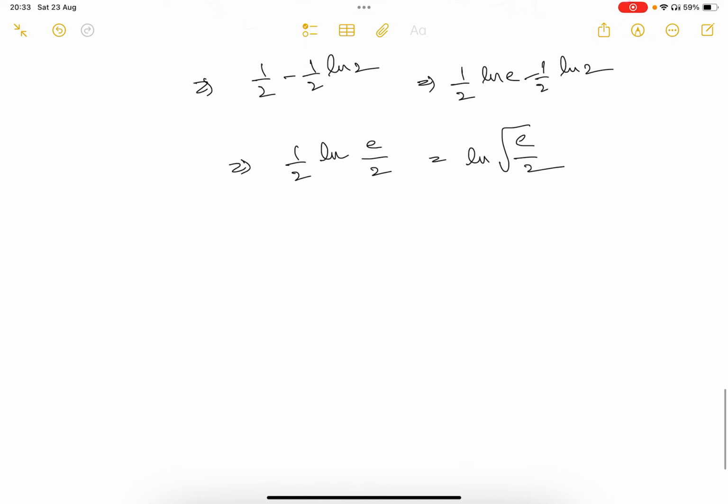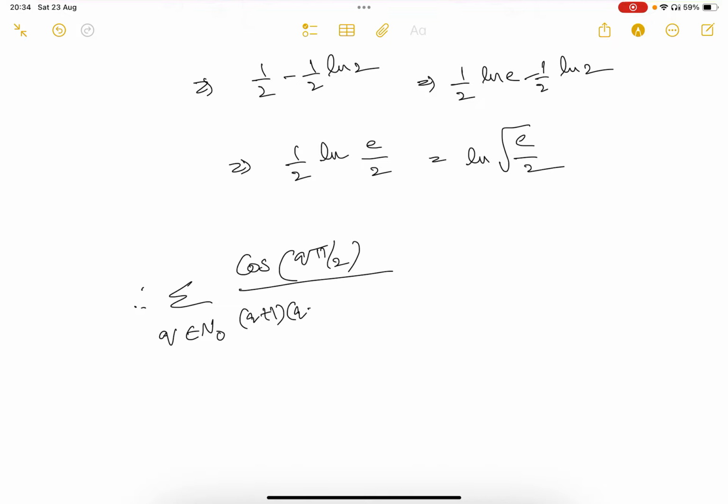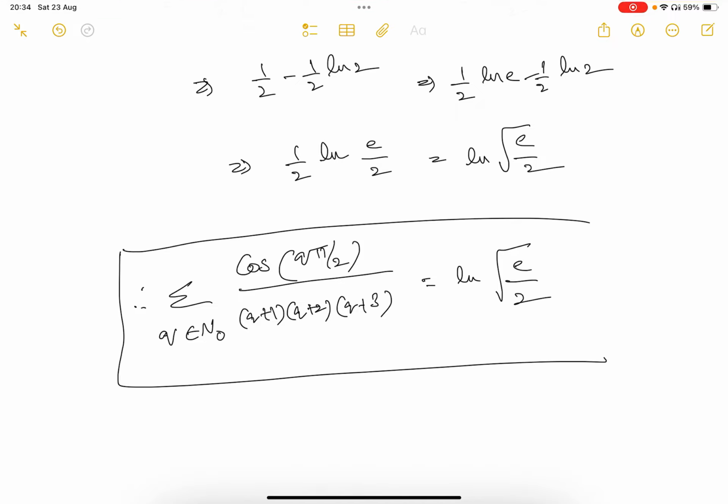So our final solution here is summation q belongs to n naught cos of q pi by 2 by (q plus 1) into (q plus 2) into (q plus 3) equal to ln of root e by 2. This is the final solution.